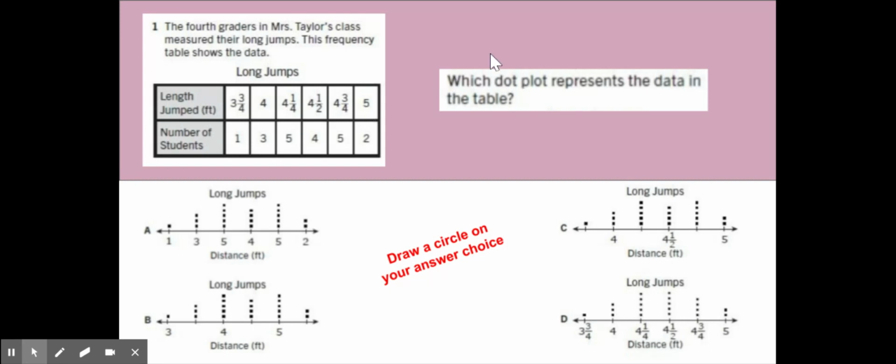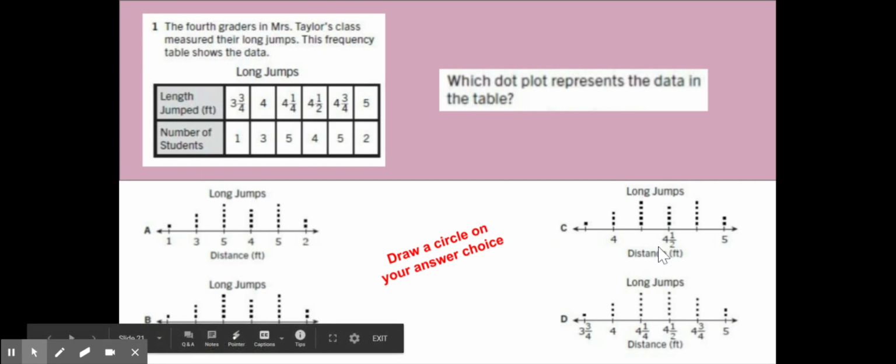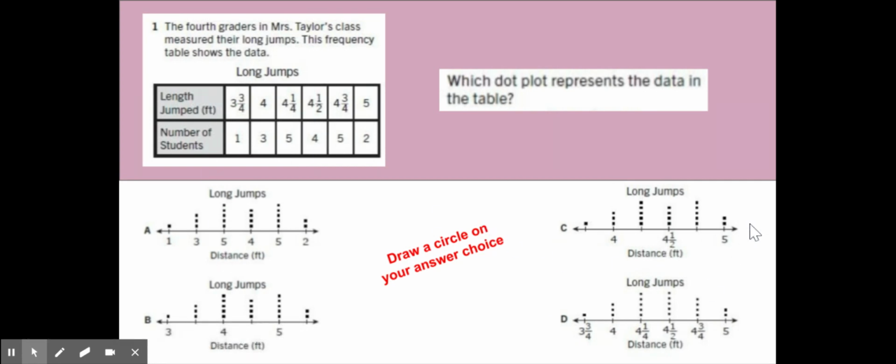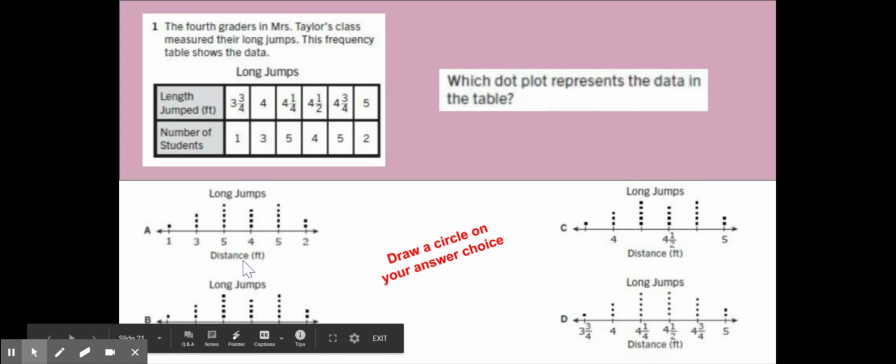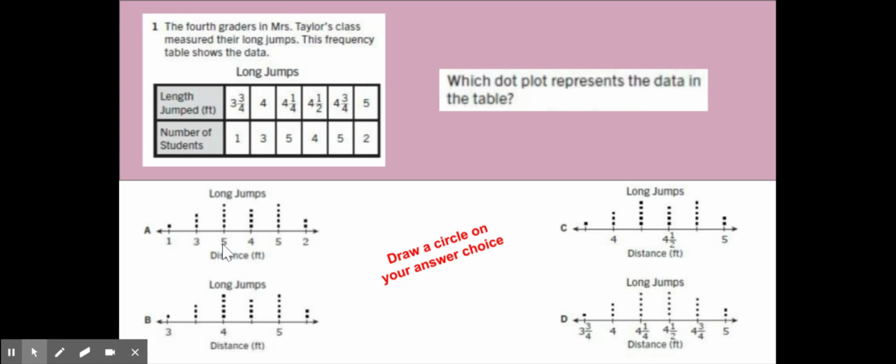So our question is, which dot plot represents the data in the table? So we're going to want to match this data to one of these dot plots down here. So I'm going to start off by looking at all these labels. First of all, you notice they all say distance and then in parentheses feet, which means these numbers should represent this.